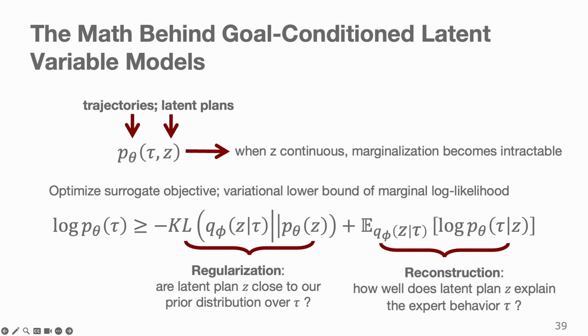And so you have these two terms. The reconstruction term tells you how well the latent plan explains the expert behavior, and the other one is the regularization that tells you how close Z is to the prior distribution over your trajectories.